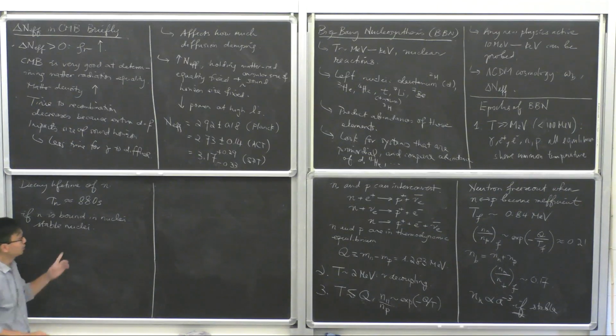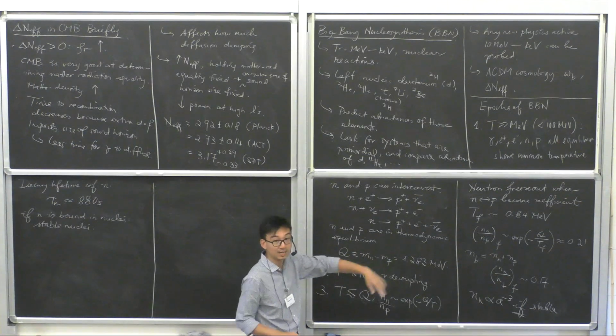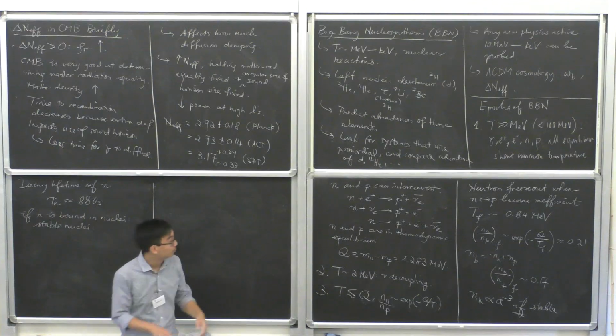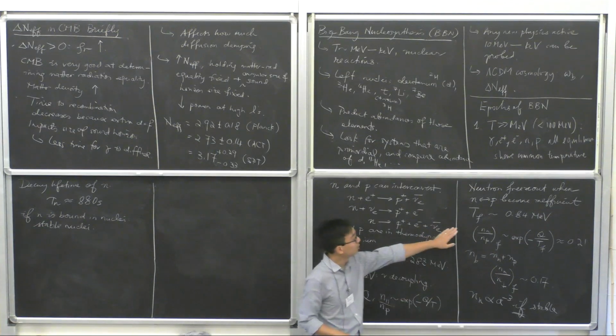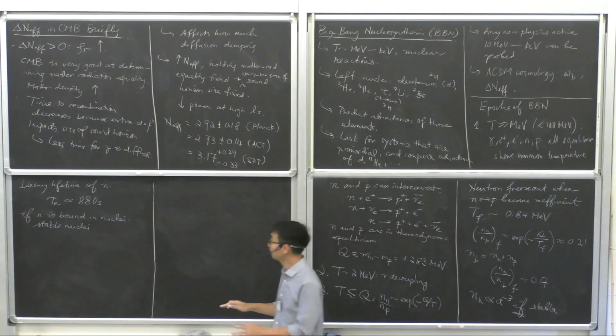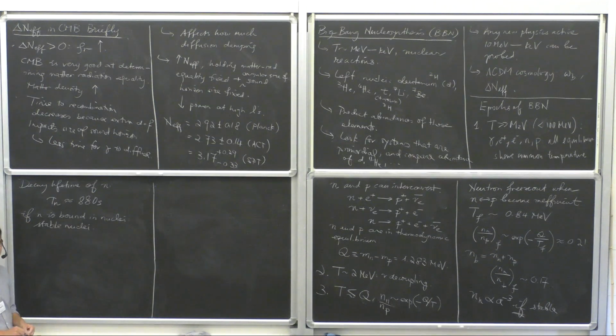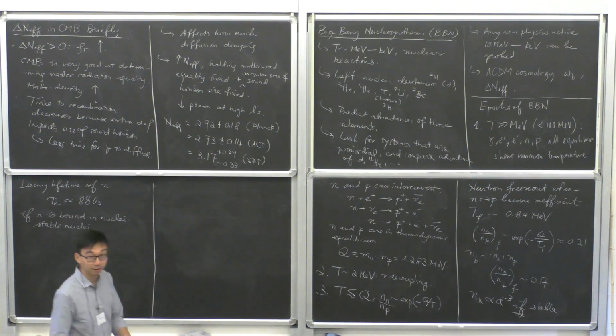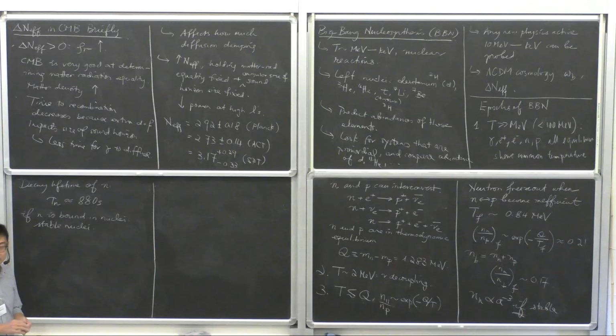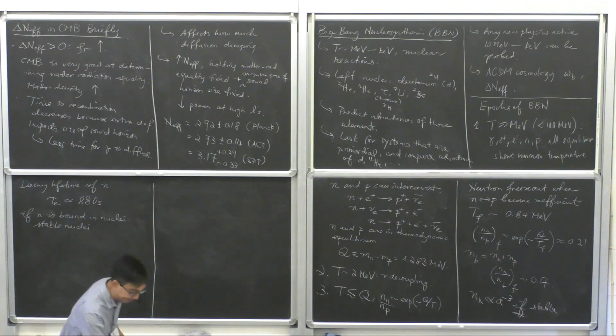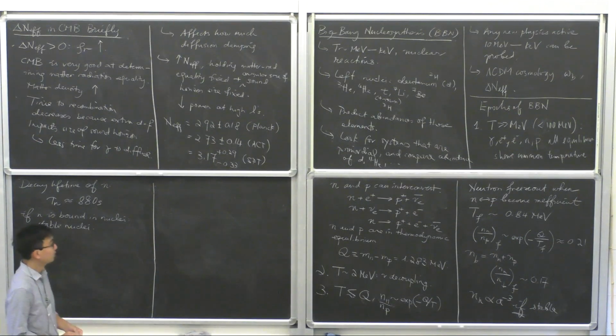Essentially within 15 minutes from the point where neutrons freeze out, which is at 0.84 MeV, you need to start producing some kind of heavy elements in order for you to have some number of neutrons left locked up in these nuclei ultimately. And thankfully that does happen, which is kind of strange. So that's step 3.